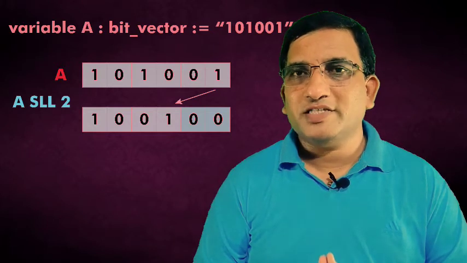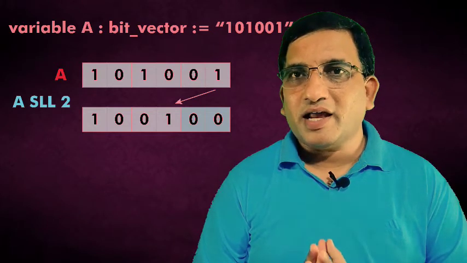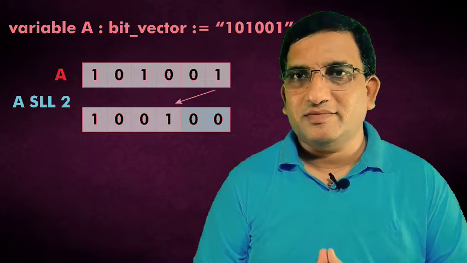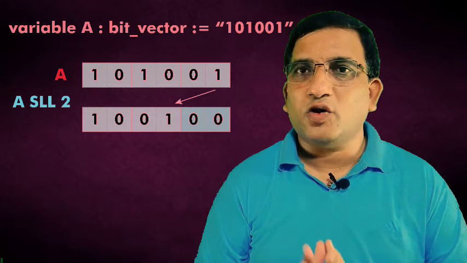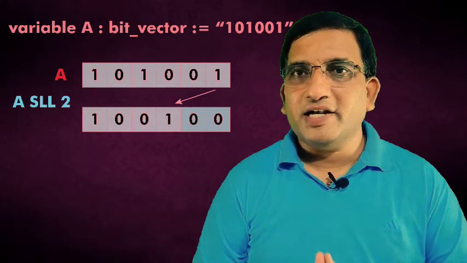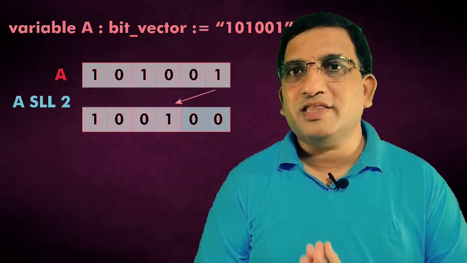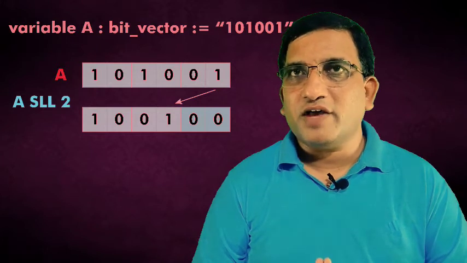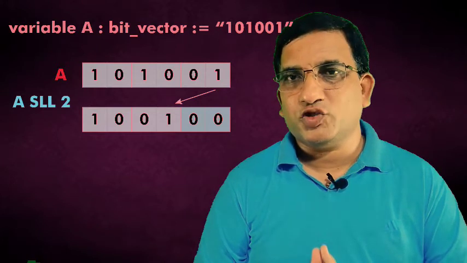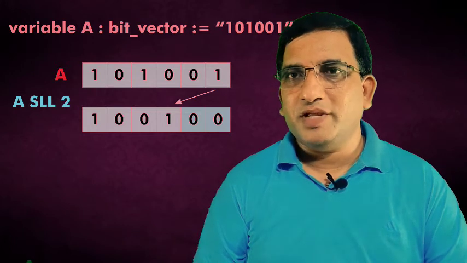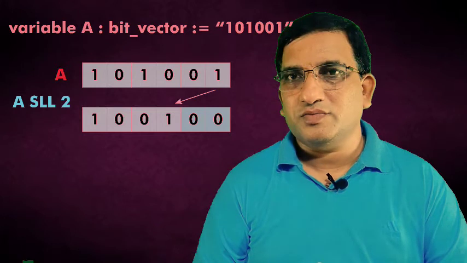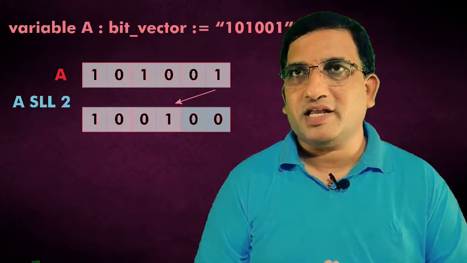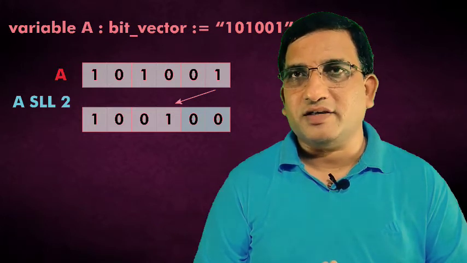You have to always remember that in SRL or SLL, that means when we are shifting to the left or to the right logically, the vacant bit positions will be filled with 0. So for this command A SLL 2, the result will be 1 0 0 1 0 0. You can see from this diagram how the bits are shifted.